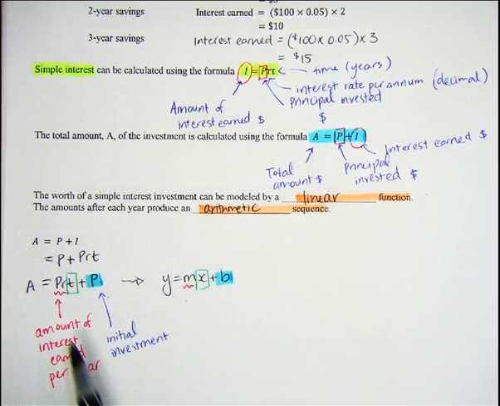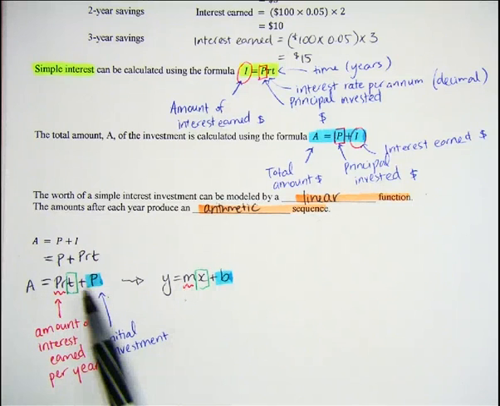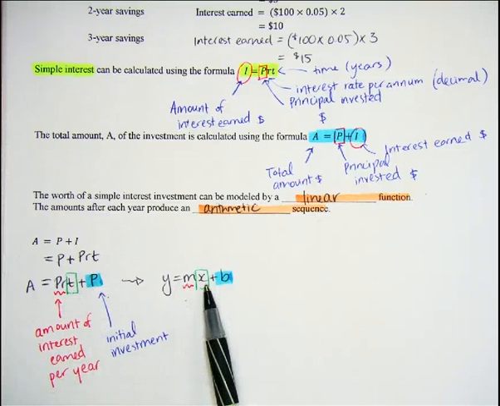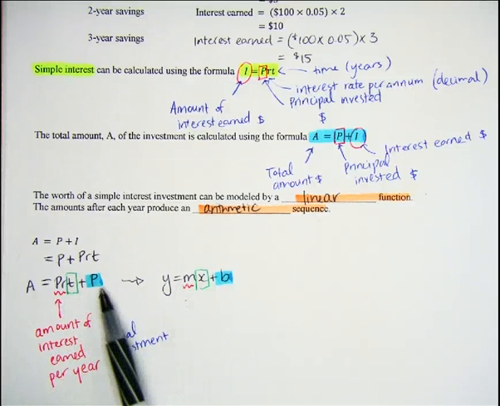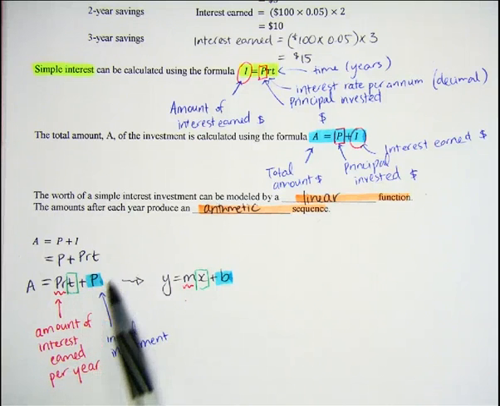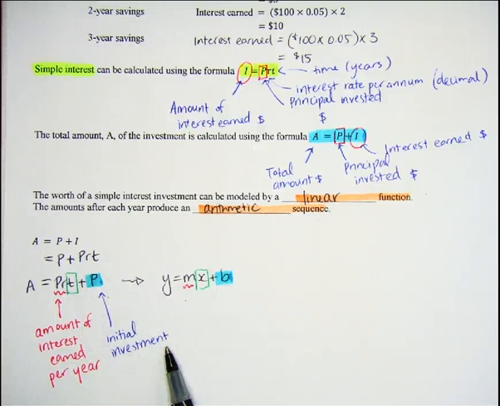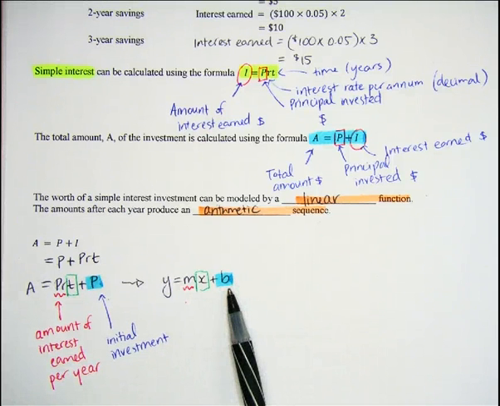As you can see here, the slope of this relation would be the amount of interest earned per year, that's slope PR. Time would be your independent variable, and then this plus P indicates your starting amount, so your initial investment. In a graph, that would be represented by your y-intercept. Okay, let's go over some examples.